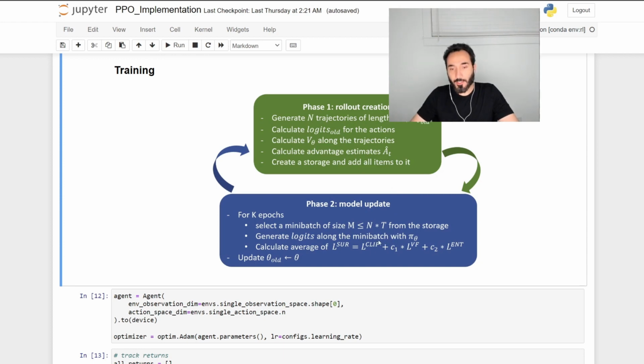For the mini batches, we calculate the loss, and we calculate the gradient of the loss. We apply it to the policy pi theta to get to a better and better policy. At the end of phase 2, we update theta old to be equal to the new theta. And that's now going to be our base policy, or pi theta old. And we will repeat this process again and again. And that is PPO.